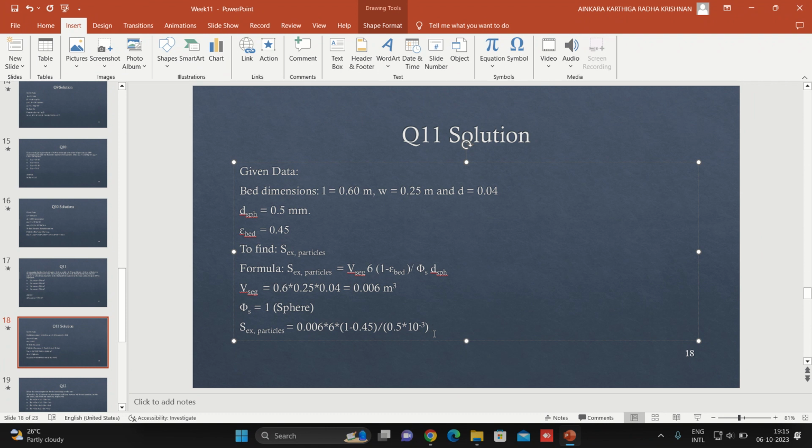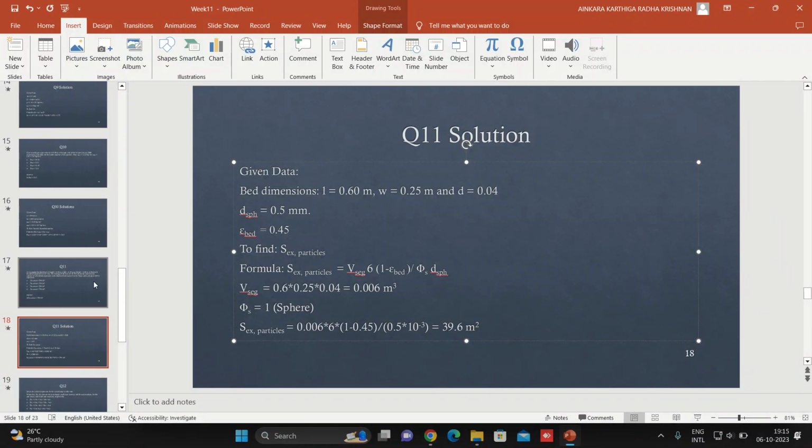So what is the answer? 0.006 into 0.55 into 6 divided by 0.5 10 power minus 3. It is 39.6 meters square.